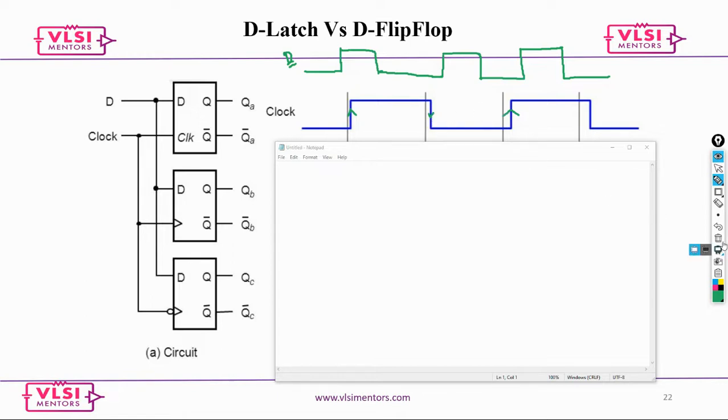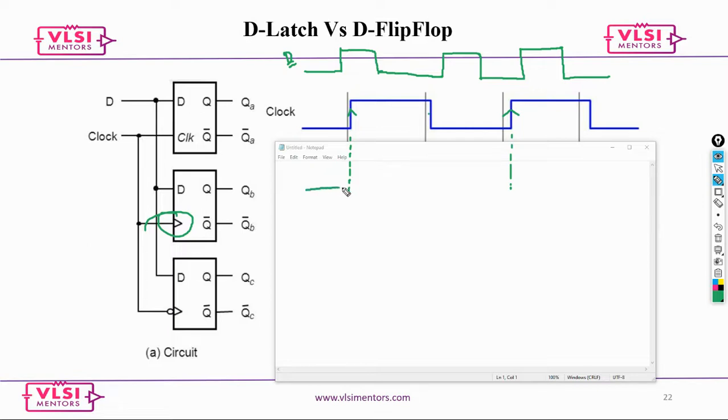Now take a look at this. Mark your clock edges. The first thing is you're supposed to mark your clock edges, only the positive ones, because we are talking about a positive edge triggered flop.